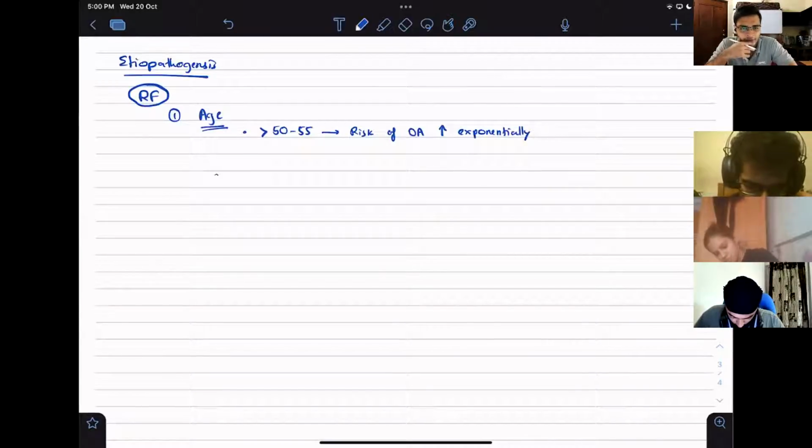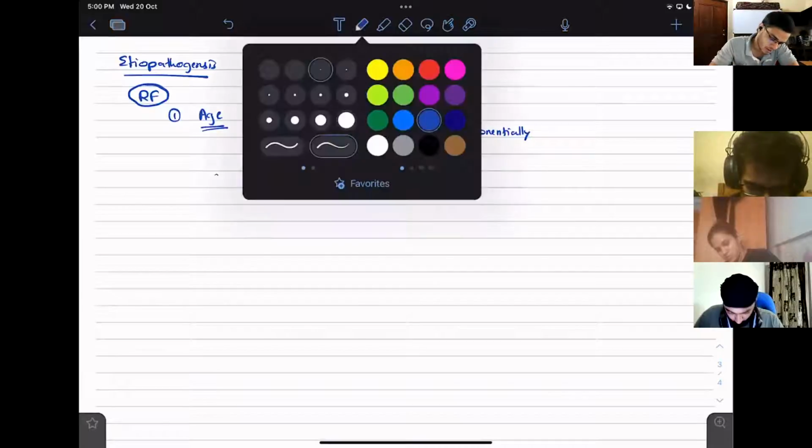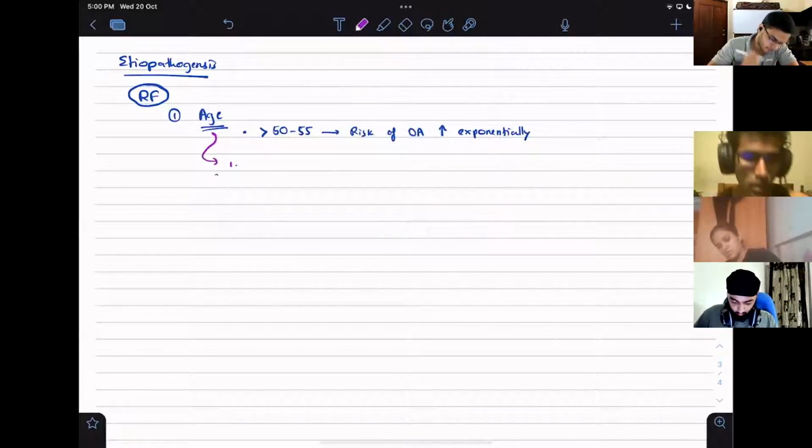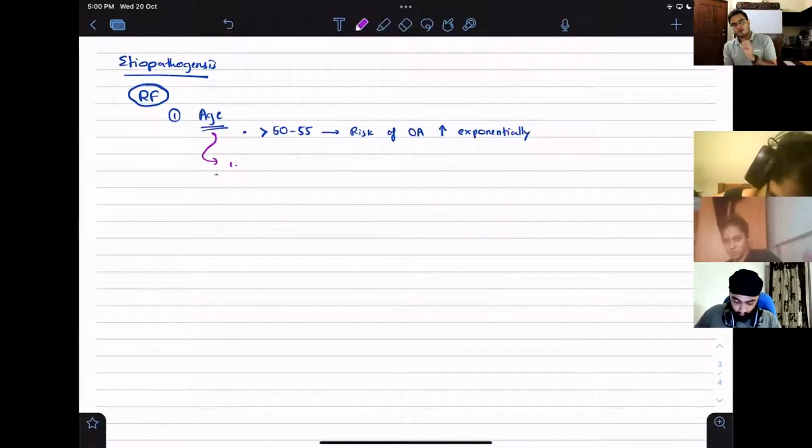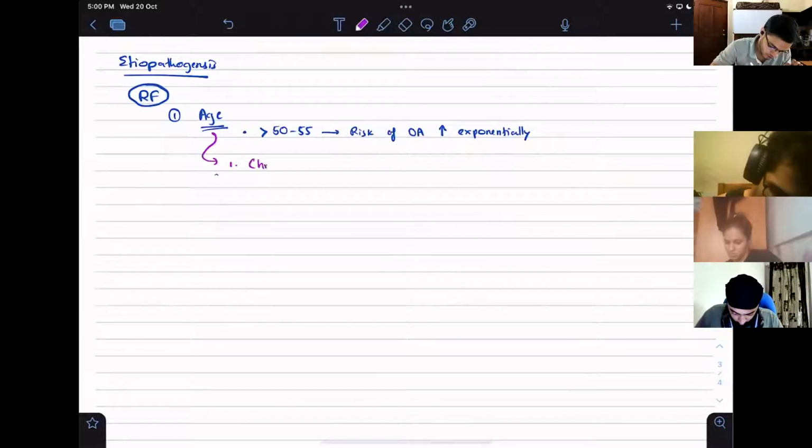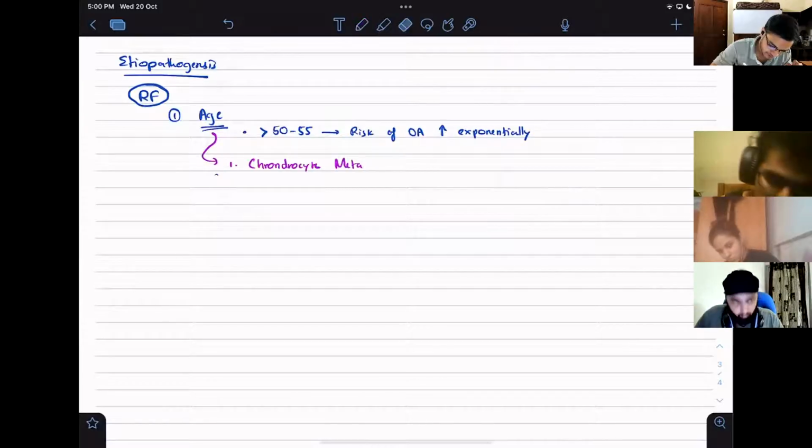How does this happen? Why does age cause this increased risk? Look at this, guys. First thing, write it down first: chondrocyte metabolic activity is reduced.